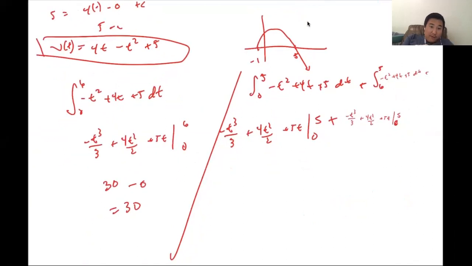Plug in 5, you should get, this one is 34 over 3, this is 10 over 3.